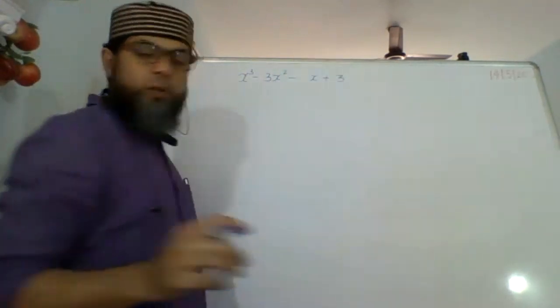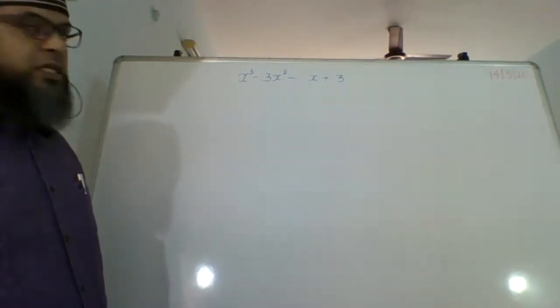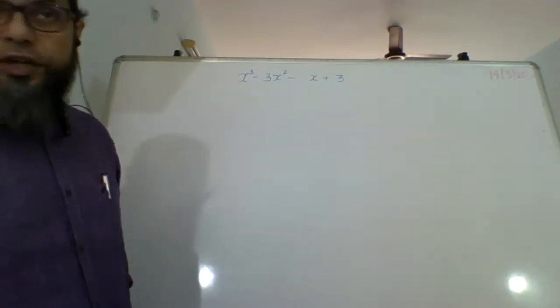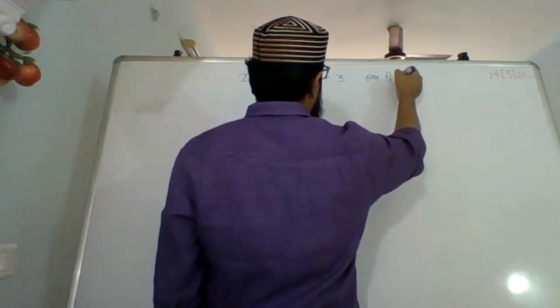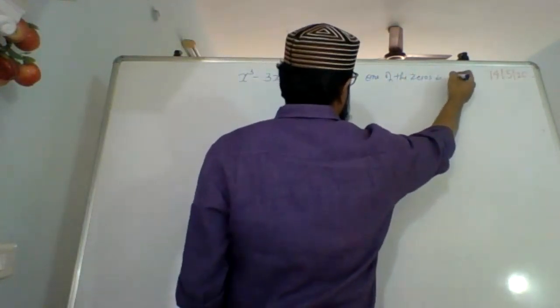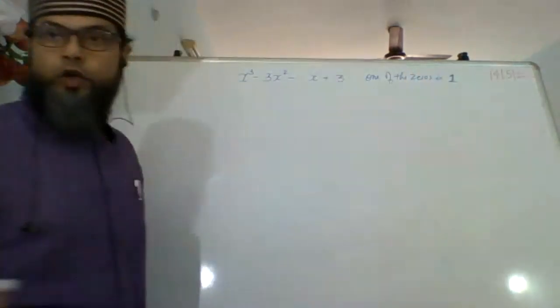This is the cubic polynomial. Of which they have given you one of its zeros is 1. You have to find the other two zeros.